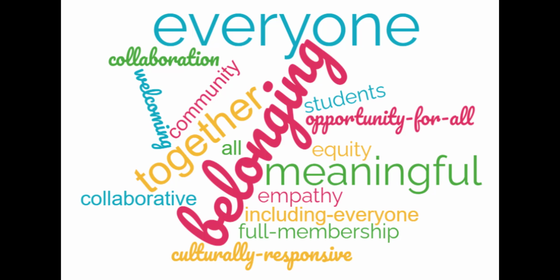That word belonging came up over and over and over again. And so this is really what chapter 1 was all about: how are you thinking about students? How are you thinking about your schools? How are you thinking about your students even beyond school? Do you have an inclusive mindset?